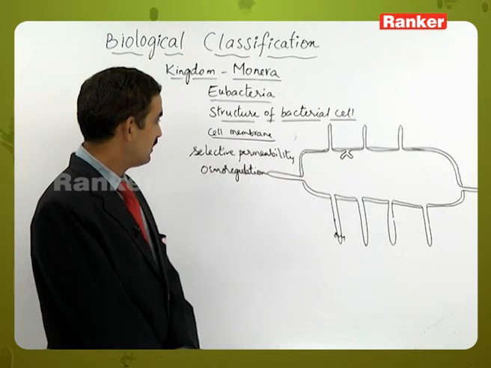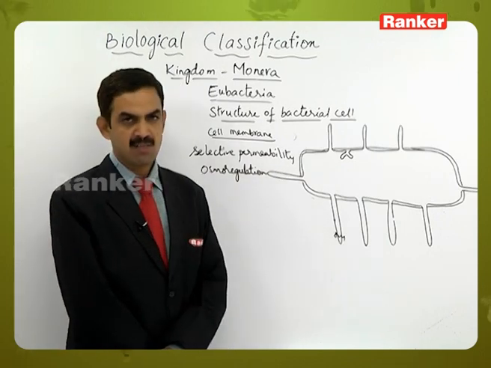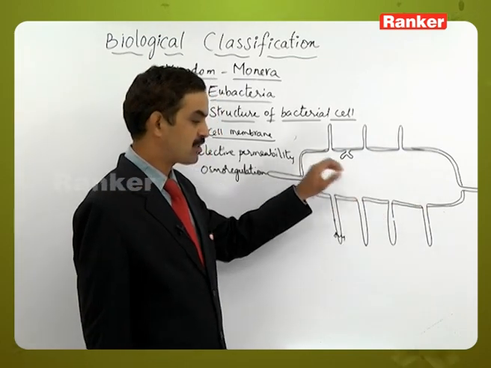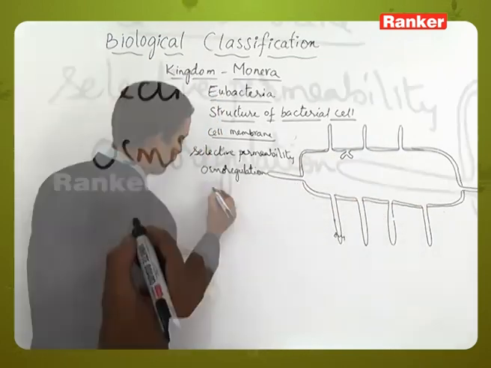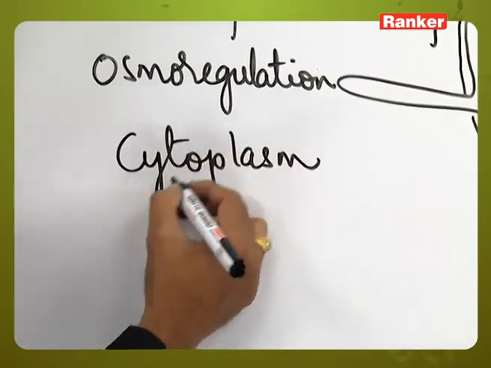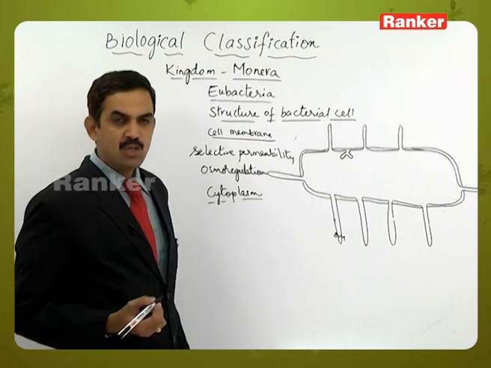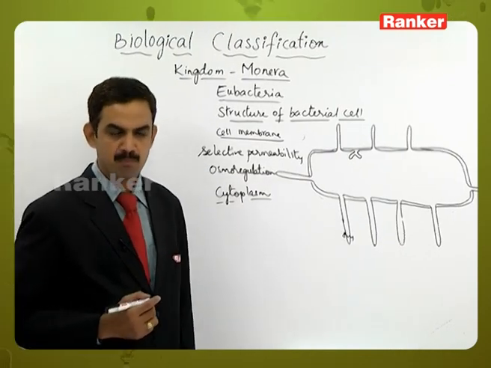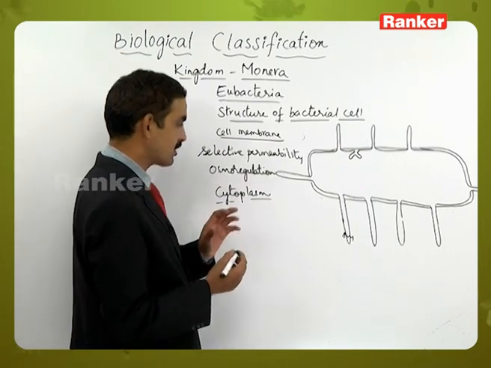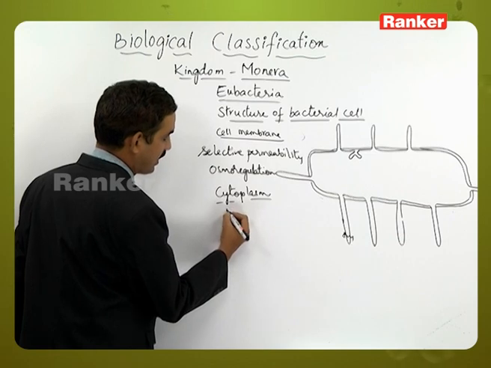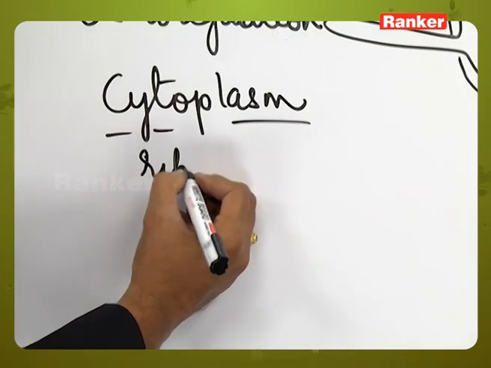So, this is about the organization that can be seen in the cell membrane, and the other contents which are present inside the cell membrane are called the cytoplasm. The cytoplasm is a fluid content present inside the plasma membrane, and it includes a major portion of water, and some cell organelles like ribosomes.